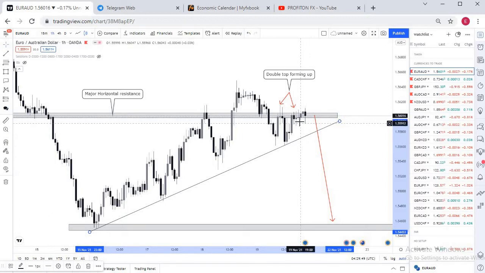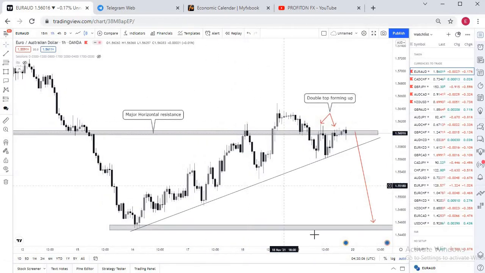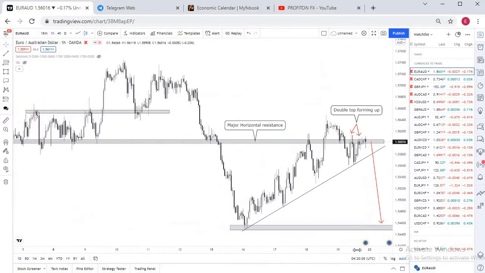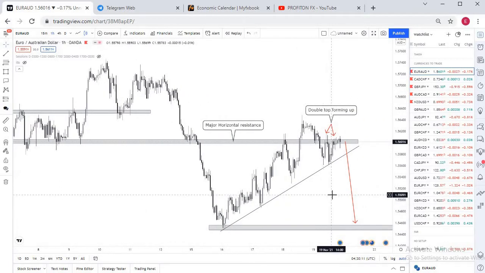If this setup is still valid around 4 hours after market open, when everything has settled down, I may be looking to take a short position at this point here. So that's my analysis on Euro Aussie. That's what I'm considering.